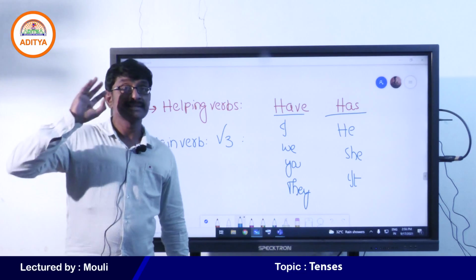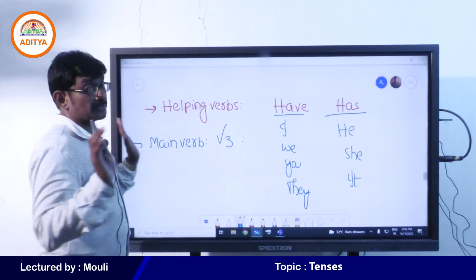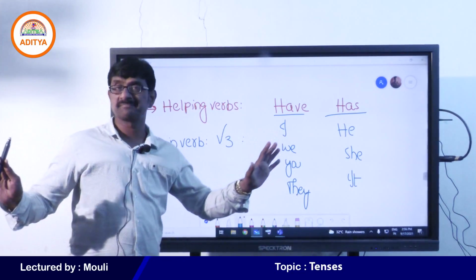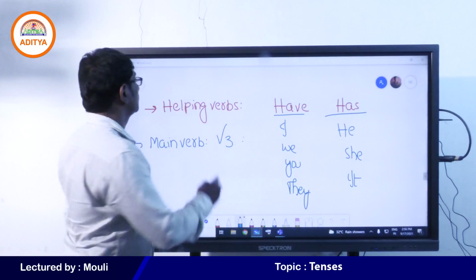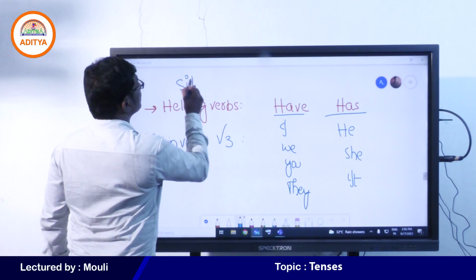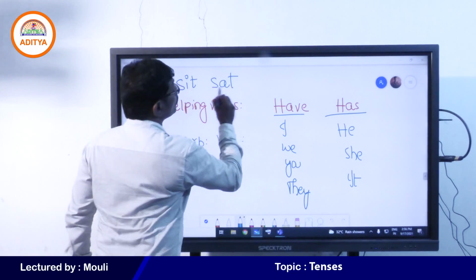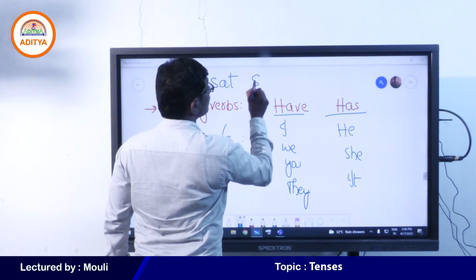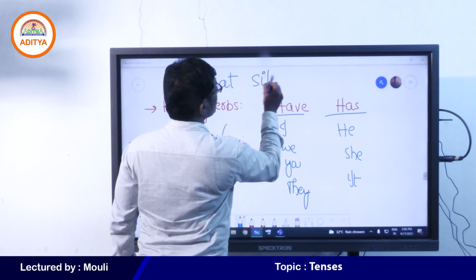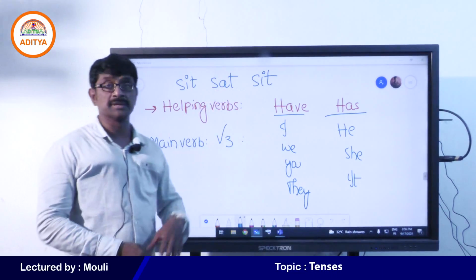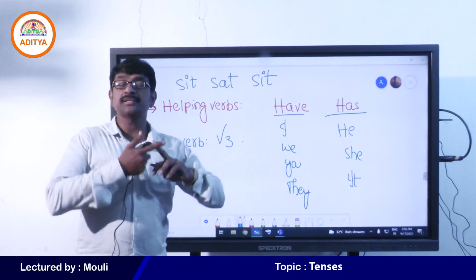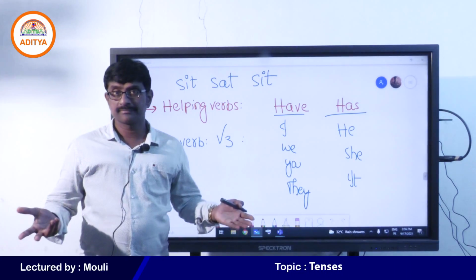Come, came, come. Sit, sat. I will write. Look at the board, all of you, please. One magical word. Sit, sat. What is the third one? Very simple. What is the third one?